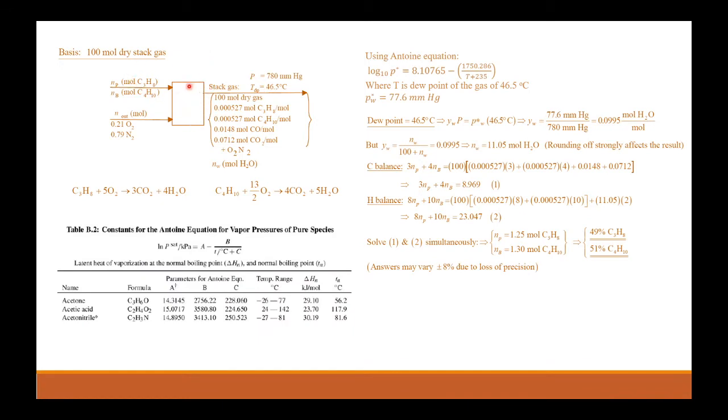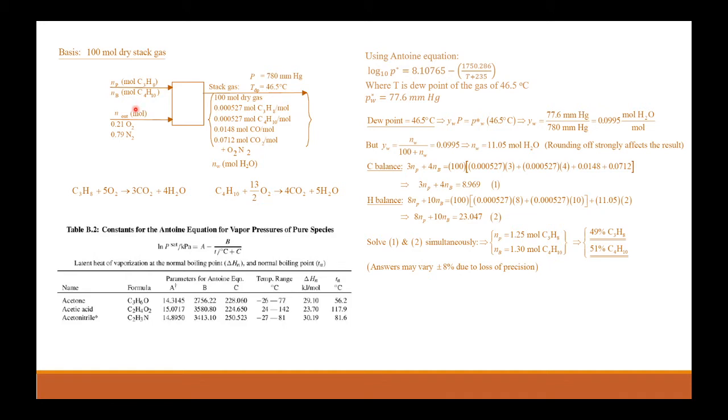You have your boiler here, or your combustion engine. You don't know the actual number of moles of propane and butane that go in, neither do you know their composition.